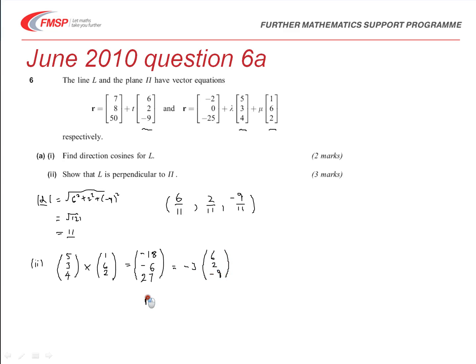So we can see that the normal of the plane is equal to -3 lots of the direction vector of the line.